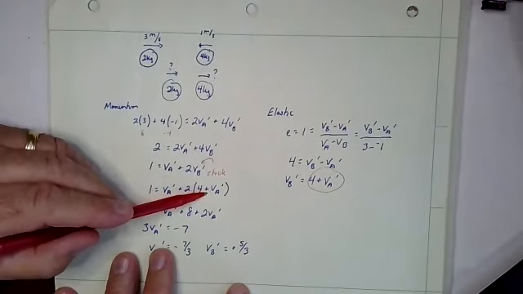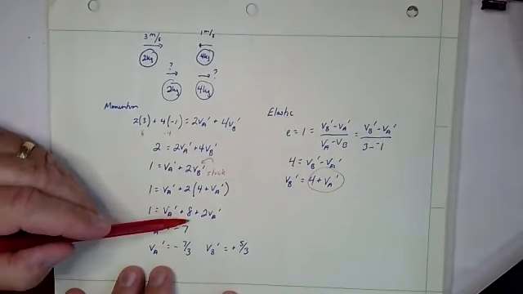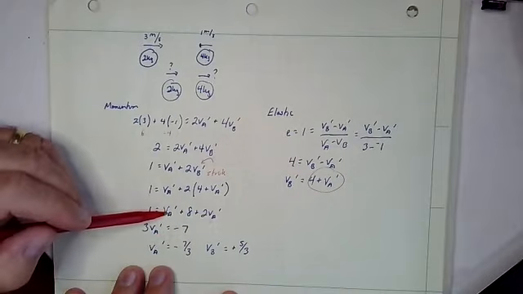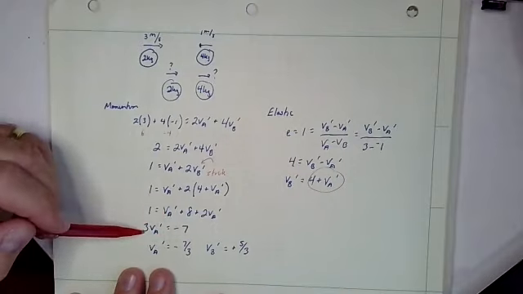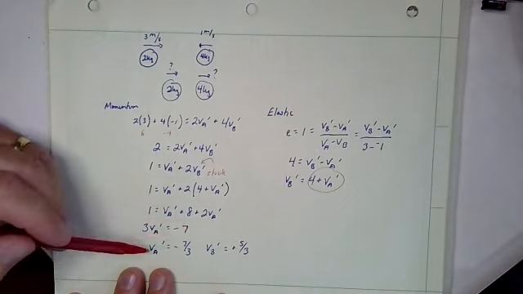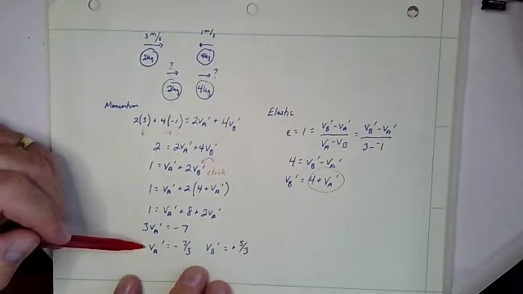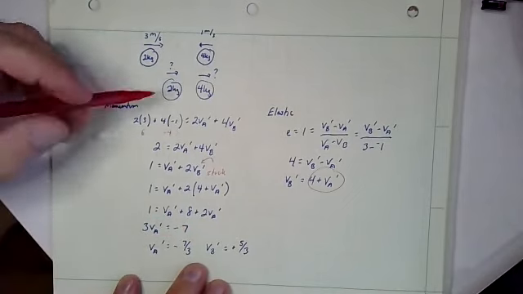So using the distributive property, we get 8 times 2 VA prime, collect like terms, that's 3 VA prime, and that's going to be -7. So VA prime is -7/3. It actually kind of bounces off.